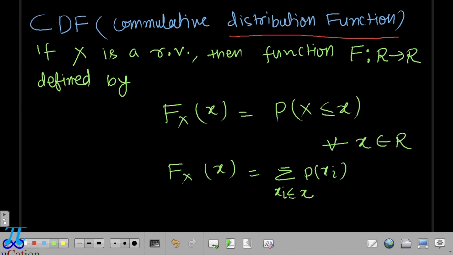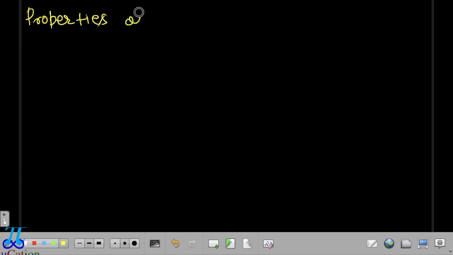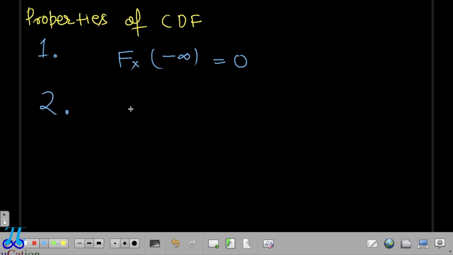Now we are going to look at its properties. What are the properties of this cumulative distribution function? Capital F of x at minus infinity is equal to 0. The next property is that F of x at plus infinity is equal to 1.